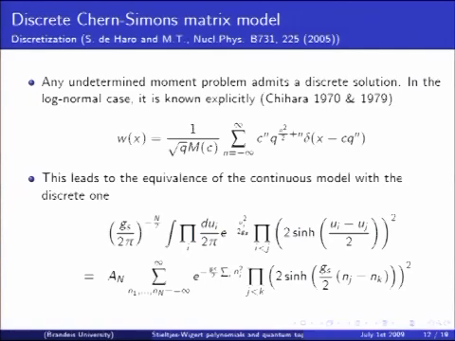I said I wanted to talk a bit about discretization, so I'm just showing you the result that I got here with Sebastián de Haro a few years ago. The moment problem associated to the log normal weight is undetermined, which means that there are infinitely many deformations of this weight that lead to the same orthogonal polynomials.